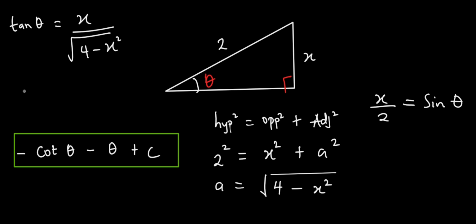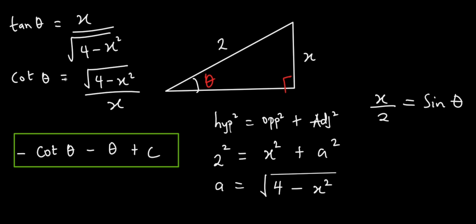The reason we are finding tan theta is because we have cotangent theta as our answer. Cot theta is simply the reciprocal of tan theta. So cot theta is equal to the square root of 4 minus x squared over x.